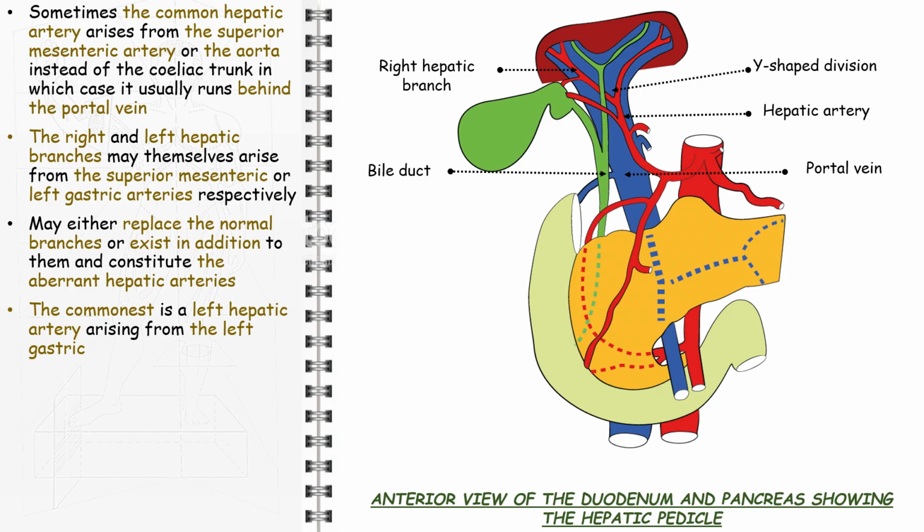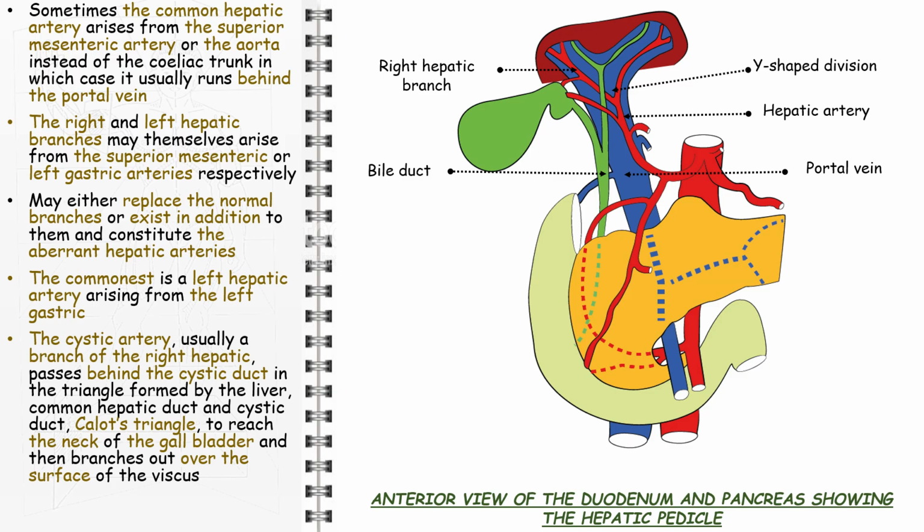The cystic artery, usually a branch of the right hepatic, passes in front of the common hepatic duct, then behind the cystic duct in the triangle formed by the liver, common hepatic duct and cystic duct, Calot's triangle, to reach the neck of the gallbladder and then divides over the surface of the viscus into two branches, anterior superficial and posterior deep on its upper surface towards the gallbladder fossa.